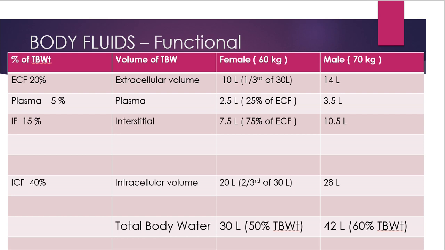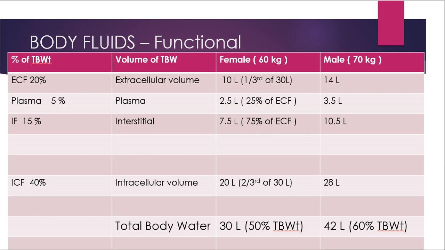Total ECF is around 14 liters. 14 plus 28, 42 liters. And in this male patient, plasma will be around 3.5 liters and interstitial fluid around 10.5 liters.